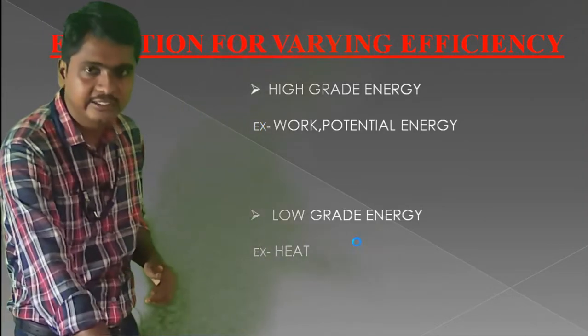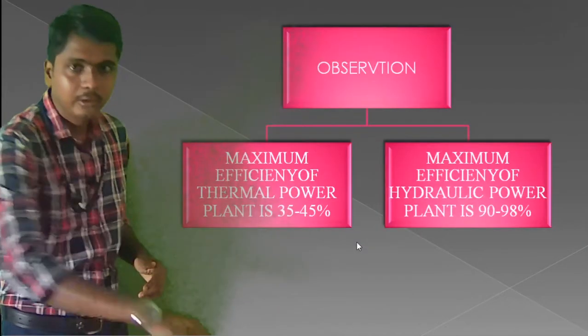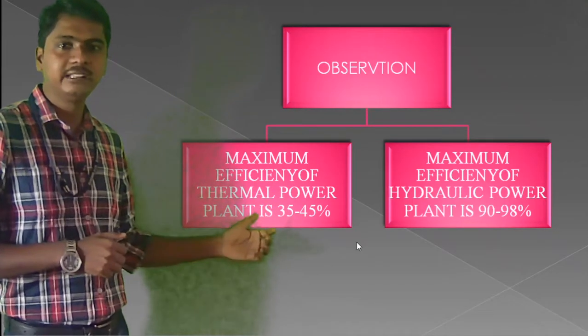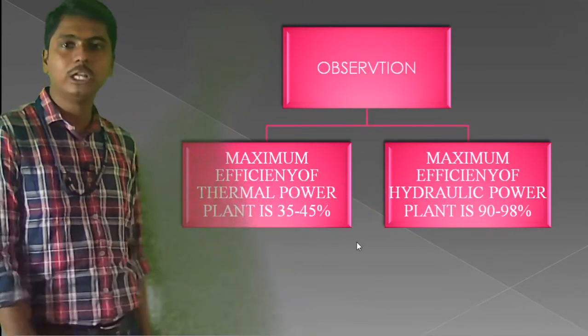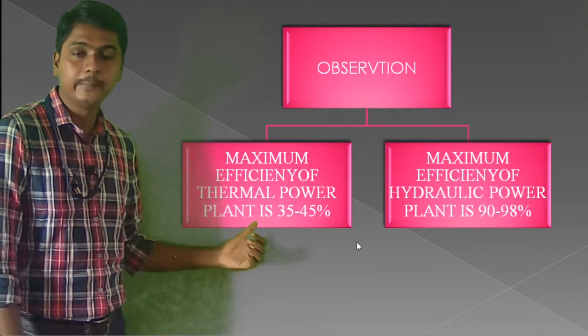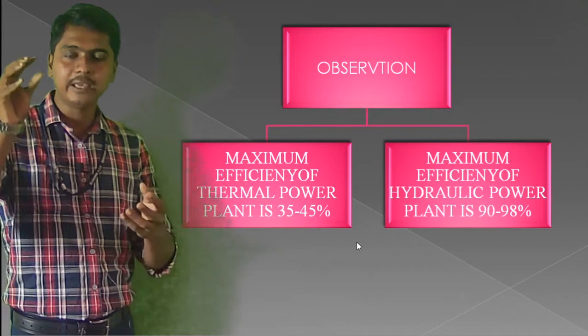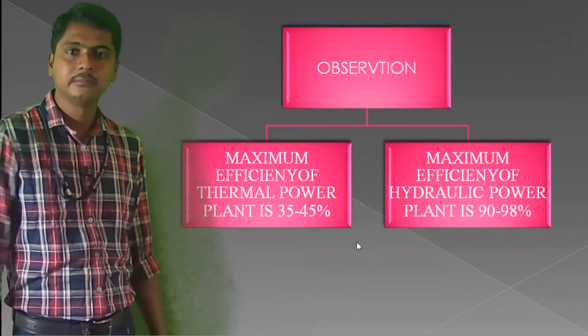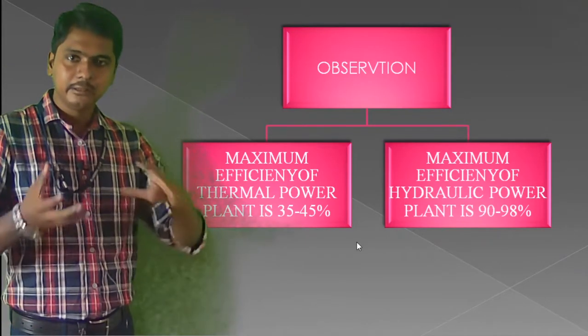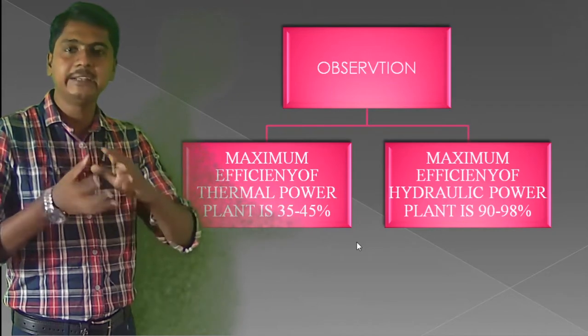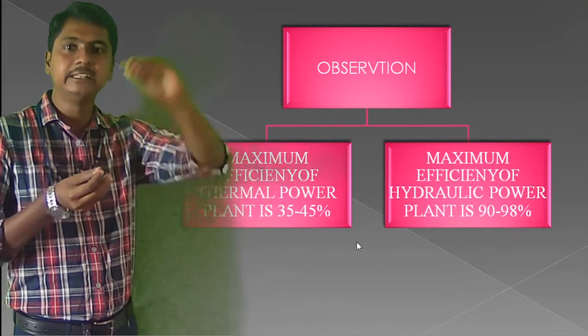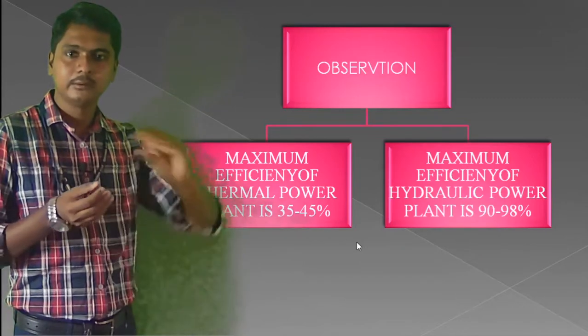Now we will come to the discussion of why the efficiency of a thermal power plant is less as compared to a hydraulic power plant. In a thermal power plant, what happens? We supply some air and fuel mixture into the combustion chamber. This air and fuel mixture will get burned and heat energy will be produced.